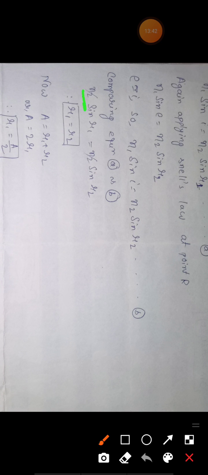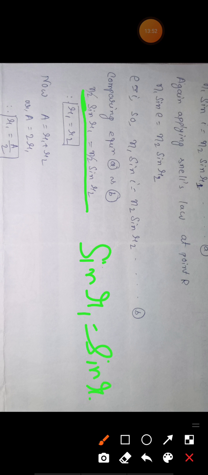So we will just calculate. Comparing these two equations, you will get n2 sine r1 is equal to n2 sine r2. So n2 will cancel, so sine r1 is equal to sine r2. Now if sine r1 is equal to sine r2, then you can say that r1 is equal to r2.